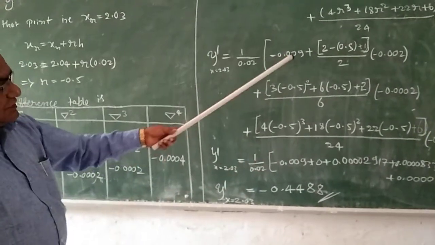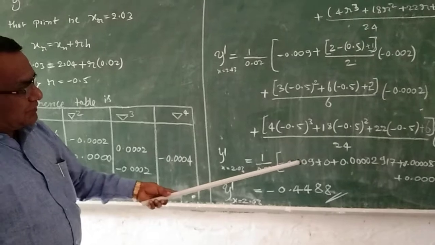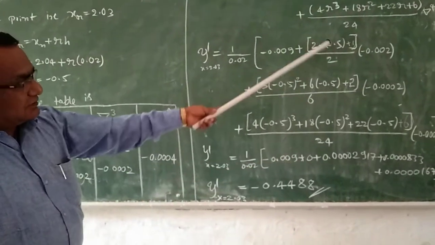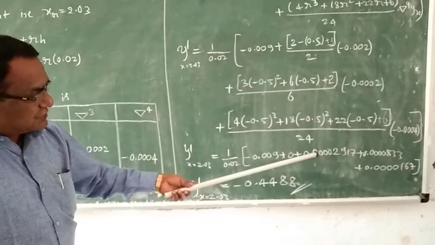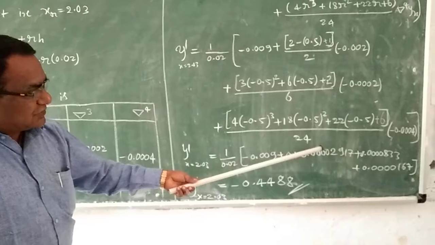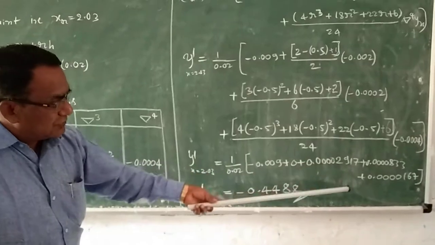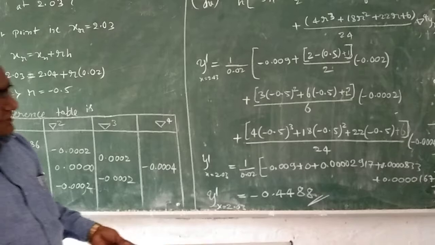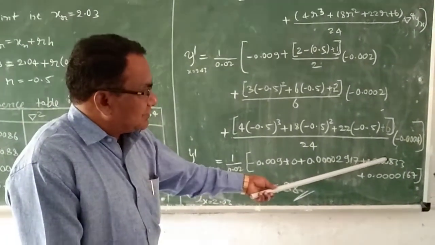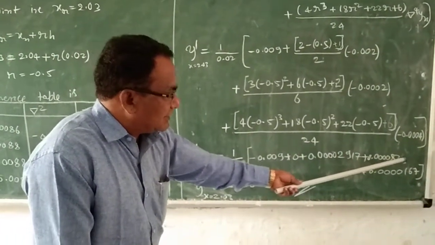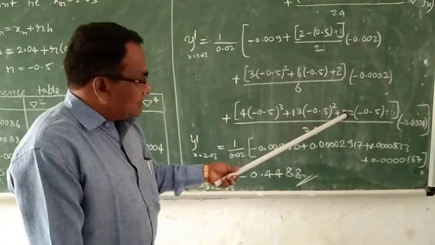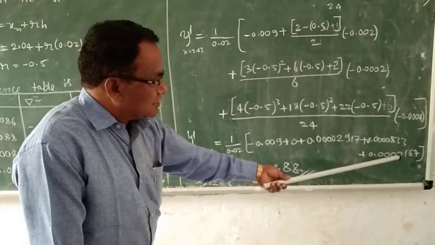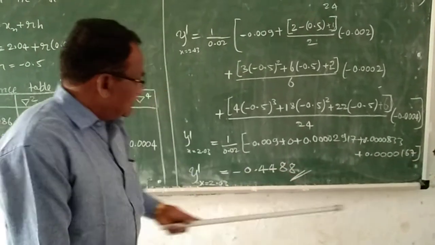On simplification, first term you write 1 over 0.02 as it is, first term as it is minus 0.009, the second term gives you 0.000029 on one side, plus the next term is 0.000083, plus the next term is 0.000067.